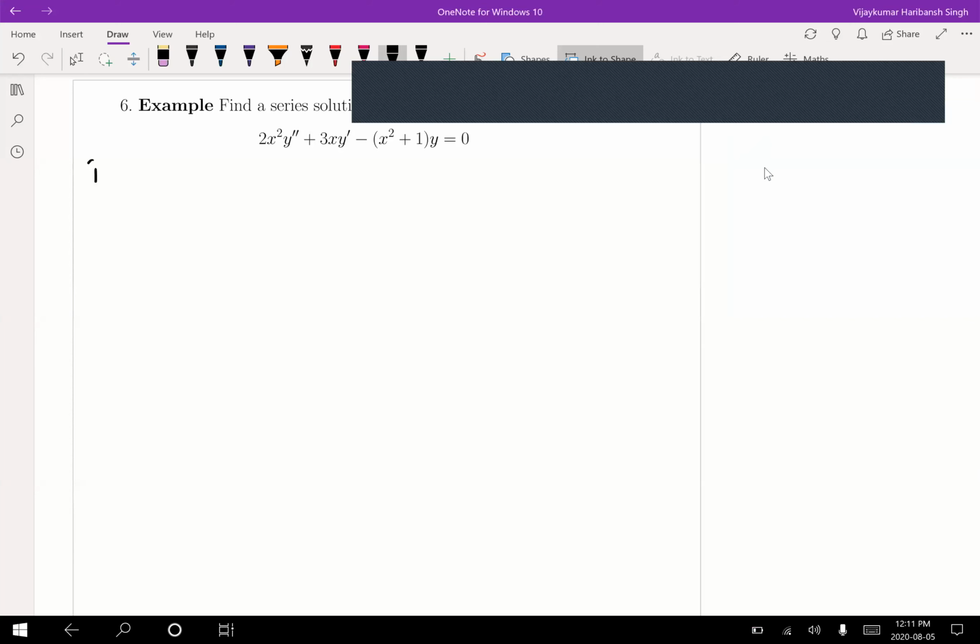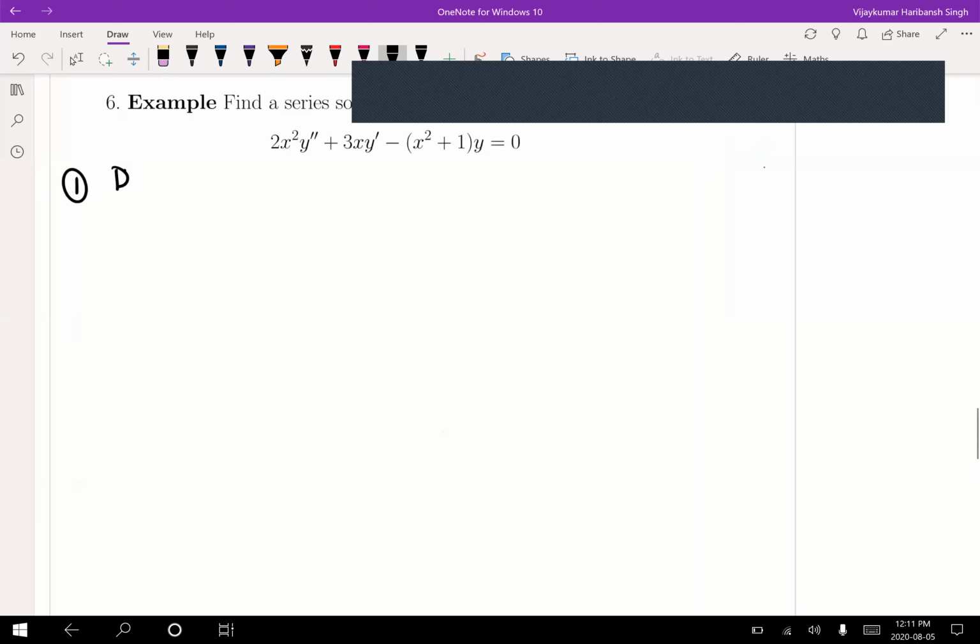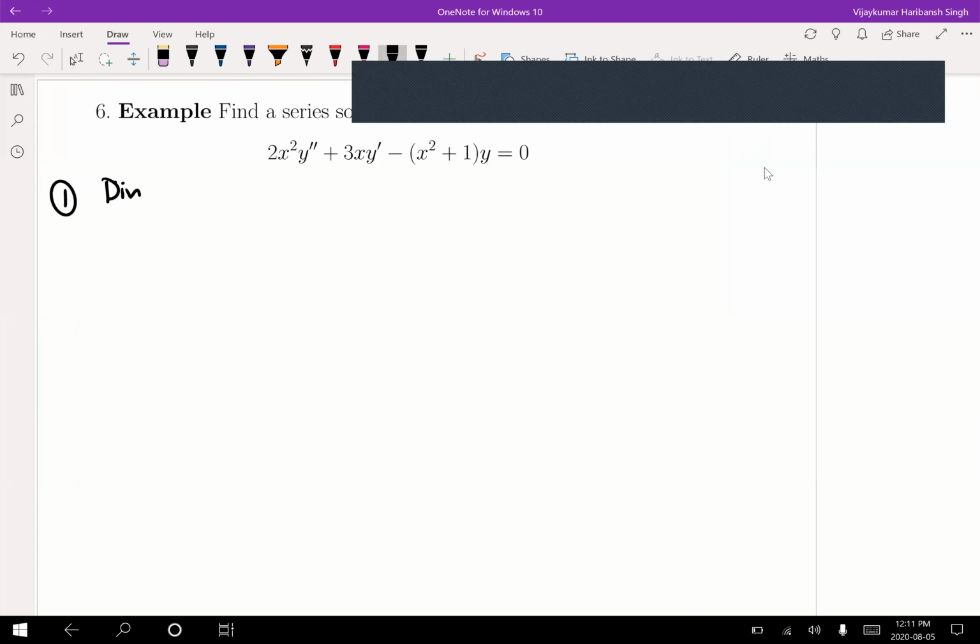The first step, divide throughout by 2x squared.